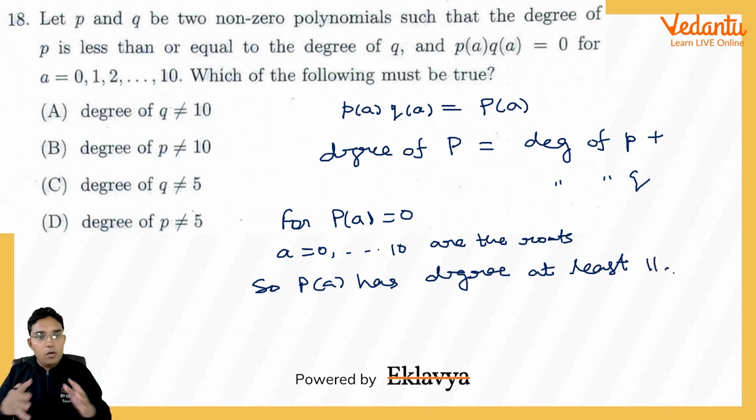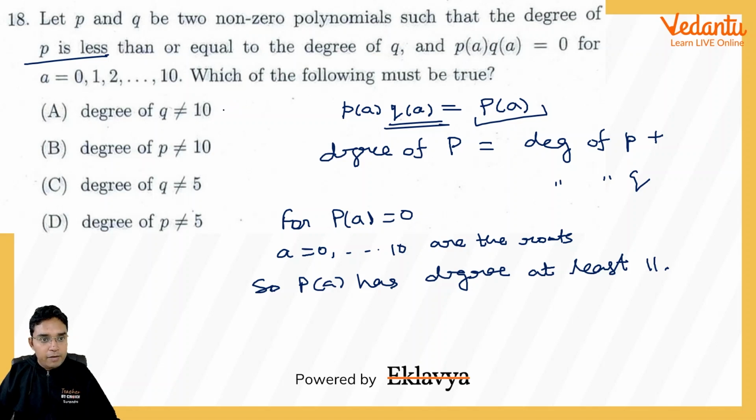Okay. Now what they are saying, let us try to understand. Degree of P is less than degree of Q. Now they are saying must be true: degree of Q cannot be 10. Suppose degree of Q is equal to 10. Then degree of capital P, in order to be less than or equal, can be 20 also.